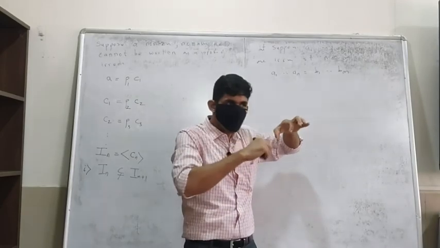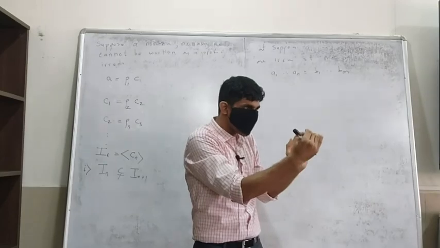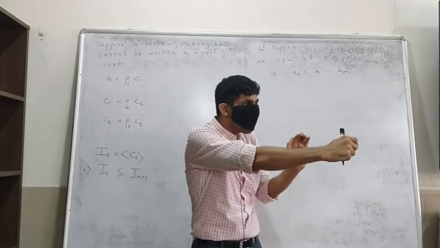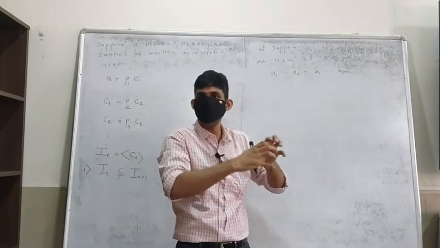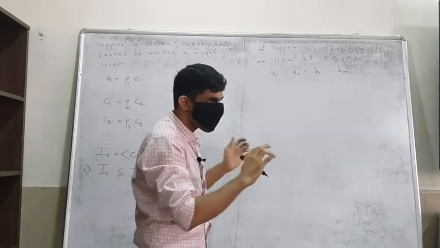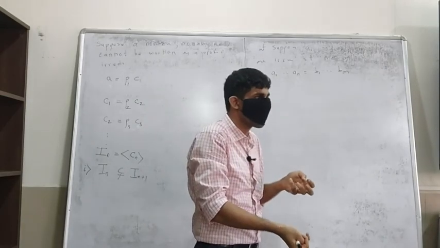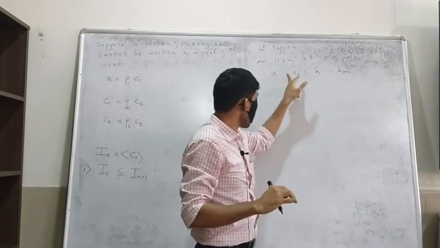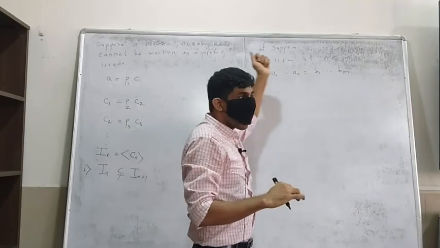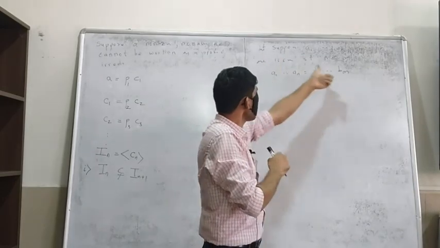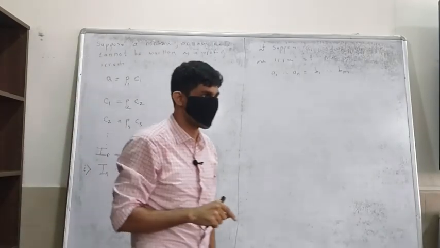If m was greater than or equal to 2, you could write it as b1 times b2 up to bm. But these are not units. The only way you can write an irreducible as a product of something is if one of them is a unit. So that's not possible. So if n is 1, then m should be 1 and a1 will be equal to b1. Okay, so that's the first step of your induction.